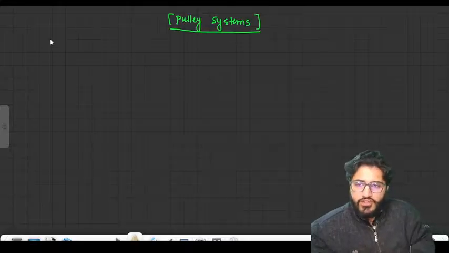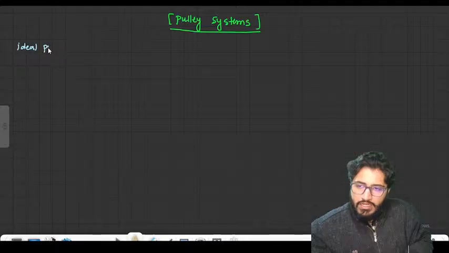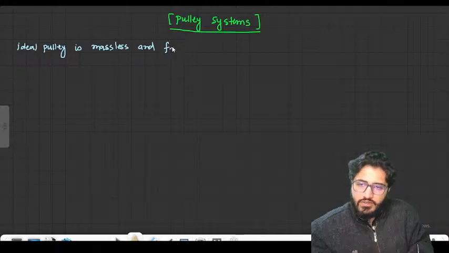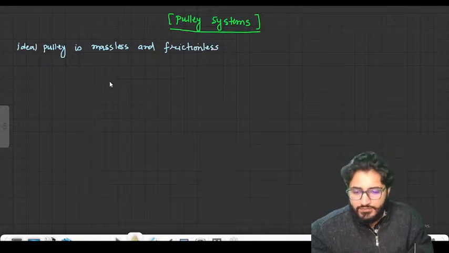First point, ideal pulley is massless and frictionless.